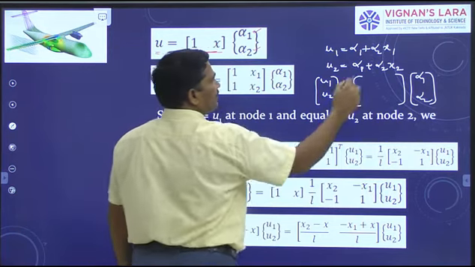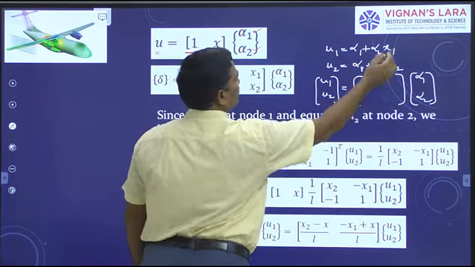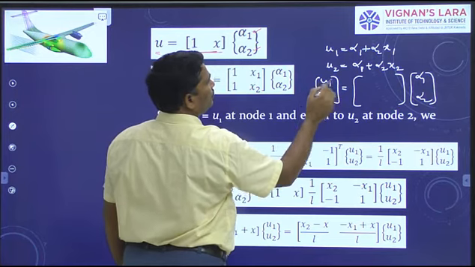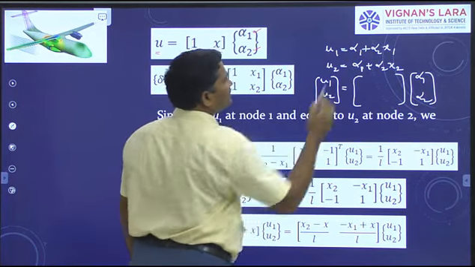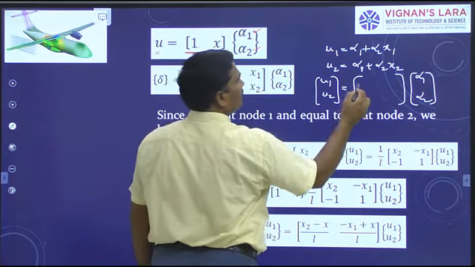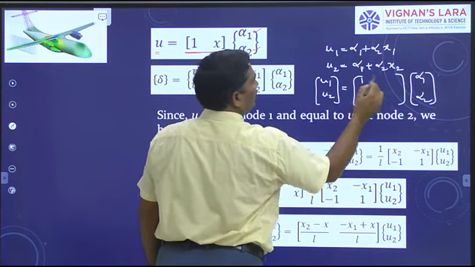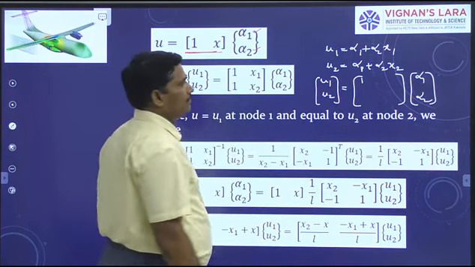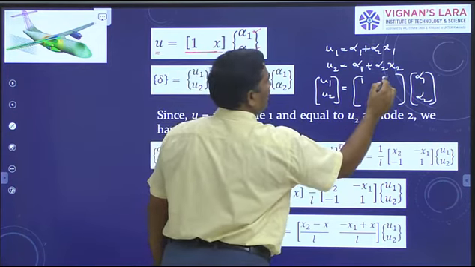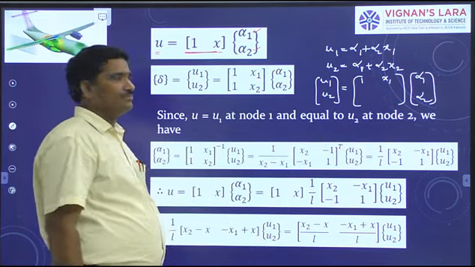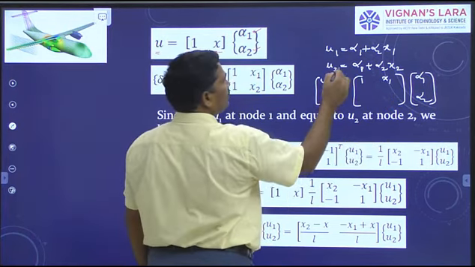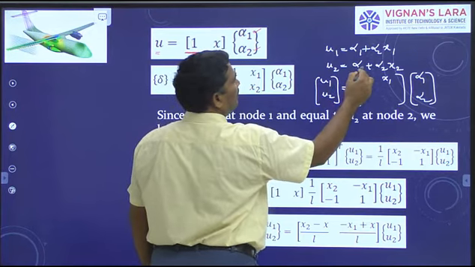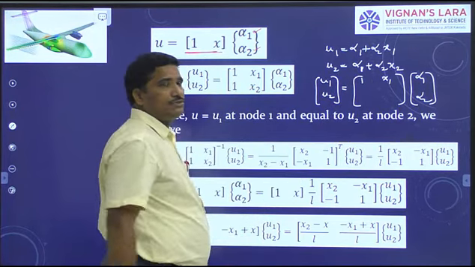Now, what are the elements of this? Take this equation, u1 equals alpha 1 plus alpha 2 into x1. Therefore, we write 1 here, 1 into alpha 1 plus x1 into alpha 2. Similarly, u2 equals alpha 1 plus alpha 2 into x2.